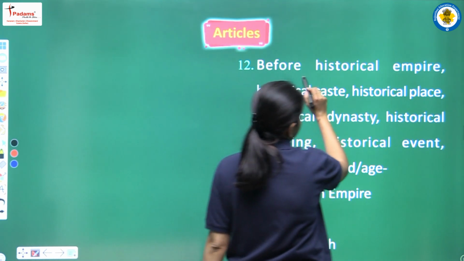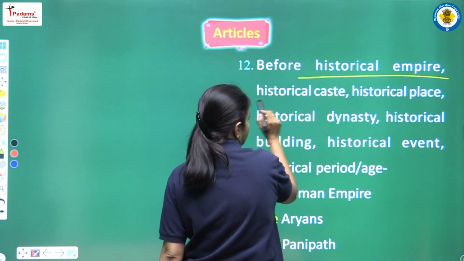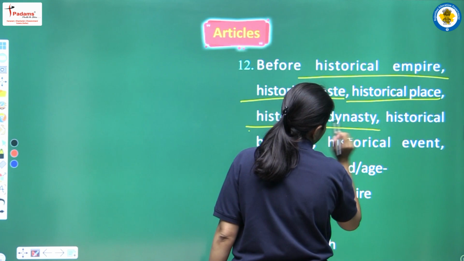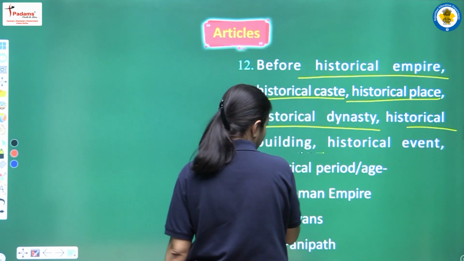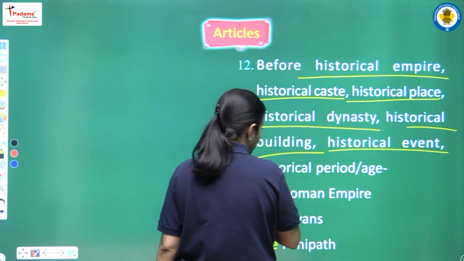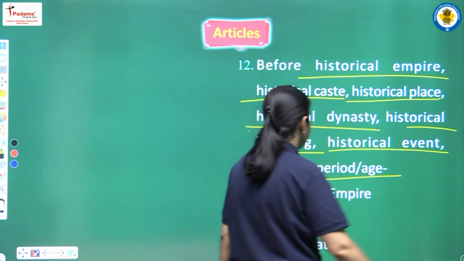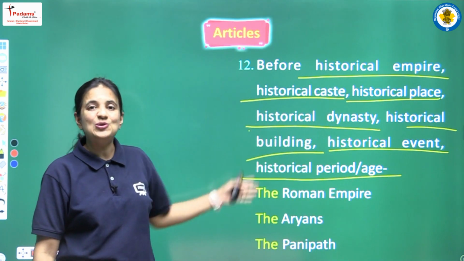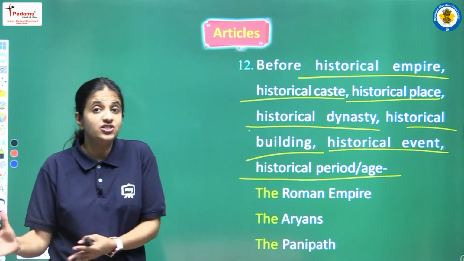Before historical empire, historical caste, historical place, historical dynasty, historical building, historical event, or we can have historical period or age. So in this point we are having so many things related to history, right?